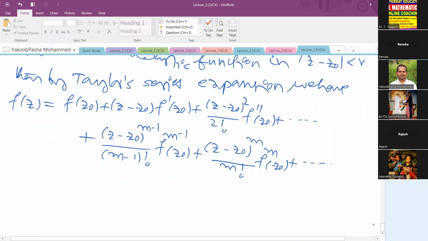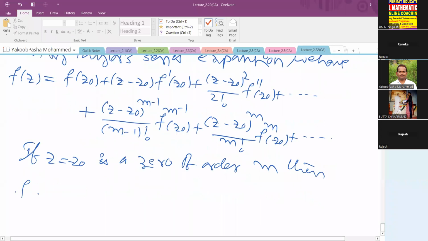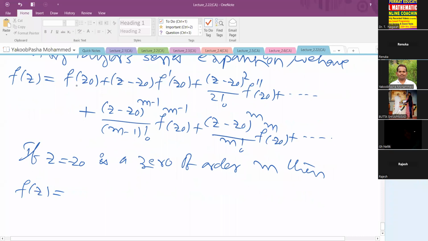Now if z equal to z naught is a zero of order m, in this case f of z can be represented as follows. f of z naught is 0, f dash of z naught is 0, f double dash of z naught is 0, up to the m minus 1th derivative will be 0.